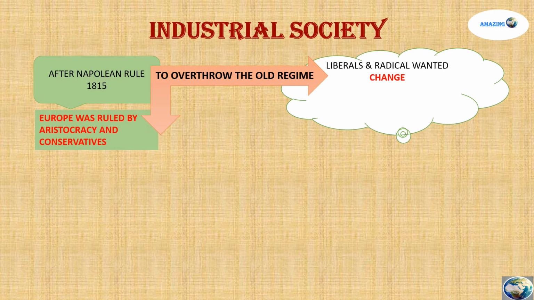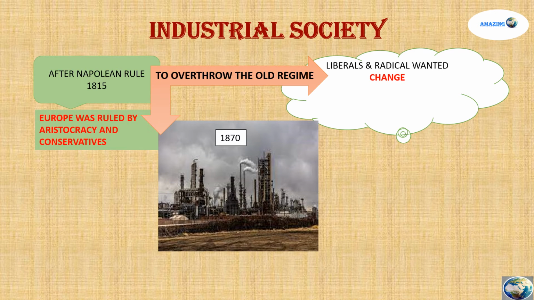They also believed that change was necessary, even though during the Industrial Revolution they were the owners of property and employers, because the liberals were the middle class people who owned properties. The radicals spoke about keeping private property, and most of them were employers. But they wanted change, mainly to overthrow the old regime and give freedom to individuals. Why freedom to individuals?